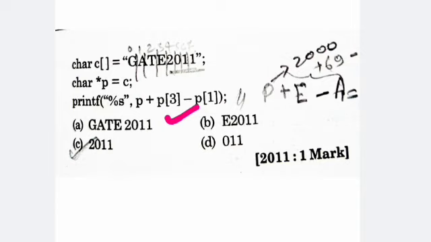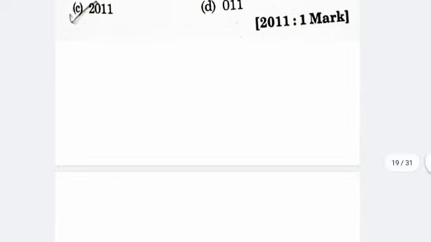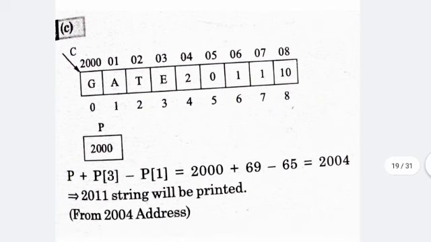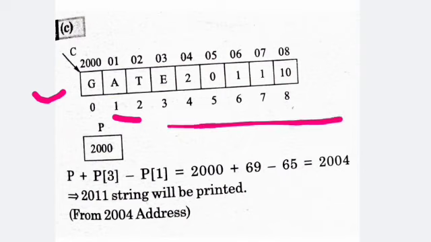Now come to the solution of this question. Firstly we define the given string in an array and index all the characters. After indexing all the characters, we get G at index 0, A at index 1, and so on.